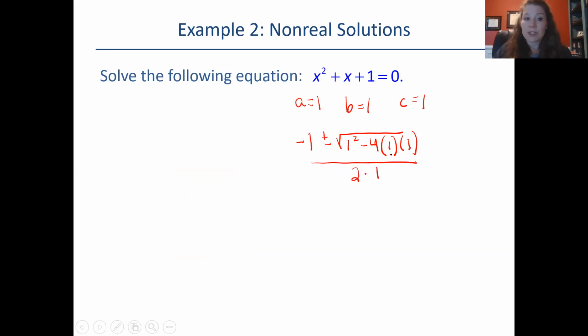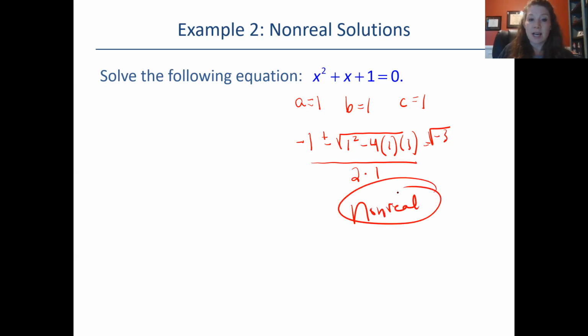All right, we're going to start with just our discriminant. So we're going to do 1 squared minus 4 times 1 times 1, and the answer is negative 3. So the discriminant is negative 3, which means our solution is non-real. Non-real solution.